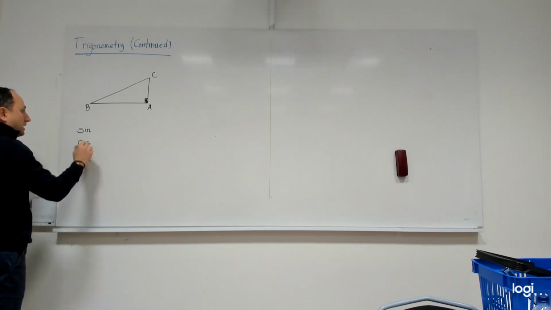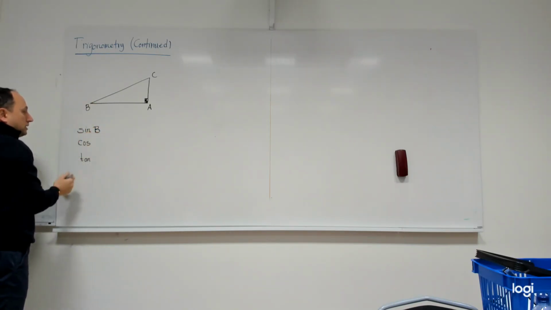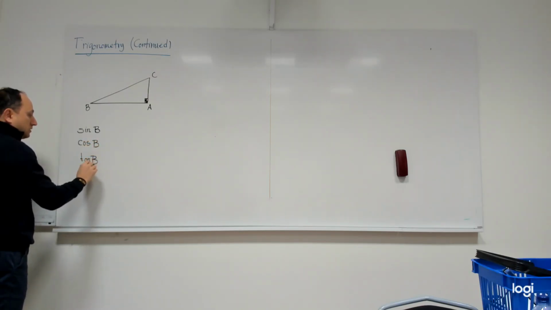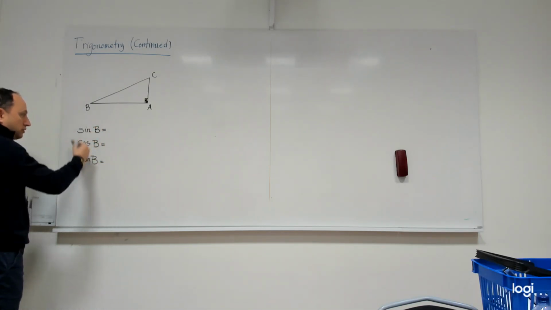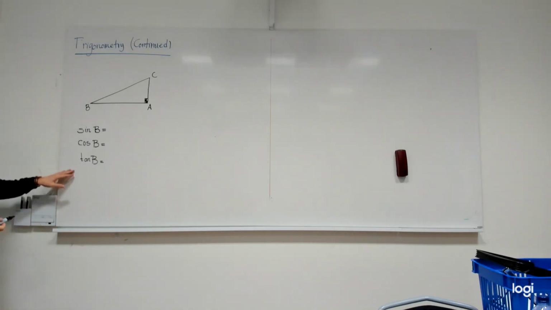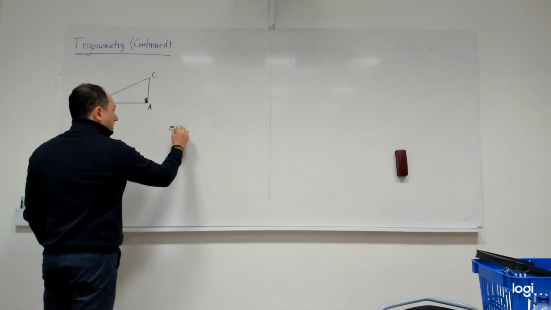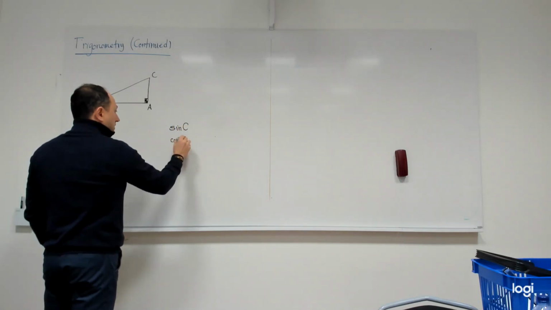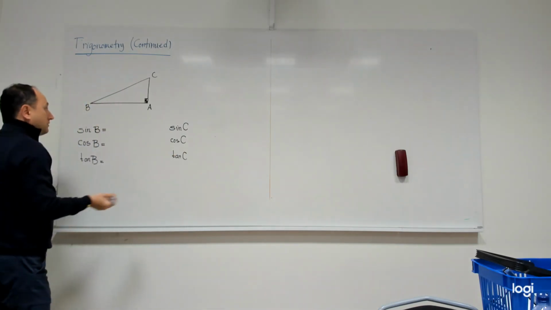So as soon as I have an acute angle, for example B, I can ask you what is sine of B, what is cosine of B, what is tangent of B. In principle, we should be able to answer these questions for this acute angle, and for the other acute angle too. I can ask you what is sine of C, what is cosine of C, and what is tangent of C, yes?